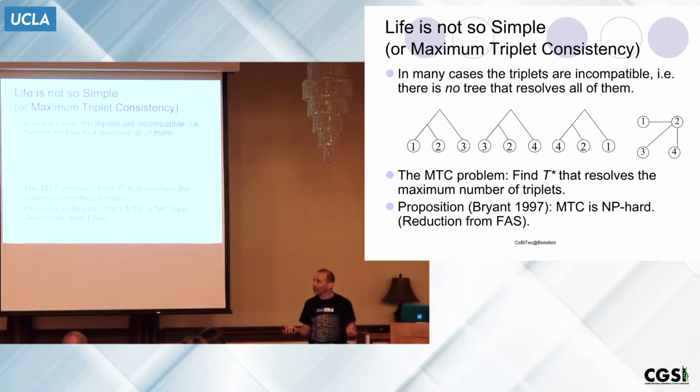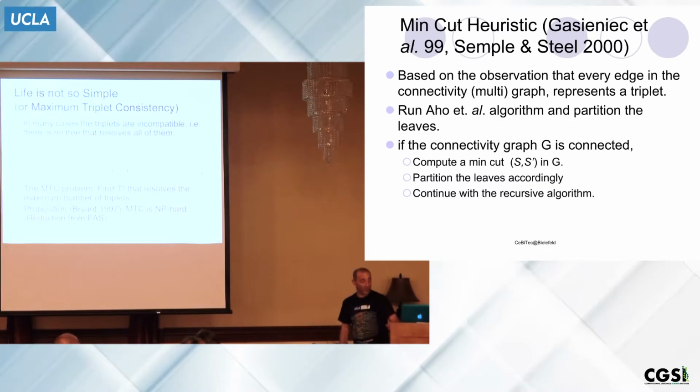Every triplet is 1 edge. We want a bipartition, not tripartition, just bipartition is enough. What we need to do? Exactly, min cut, to partition the graph into 2 components while violating the minimum number of triplets.